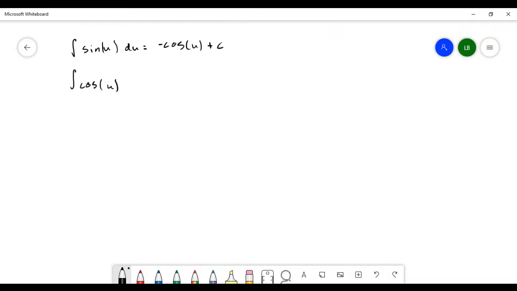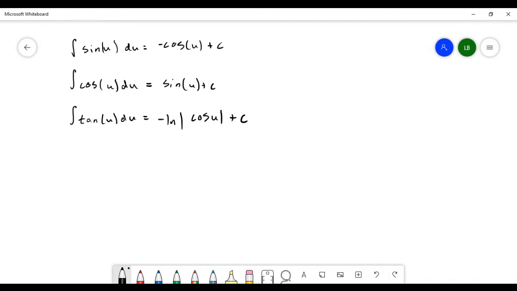Integral of cosine u du is sine of u plus c. Integral of tangent of u du is secant. That's the derivative. Negative natural log of cosine u plus c.